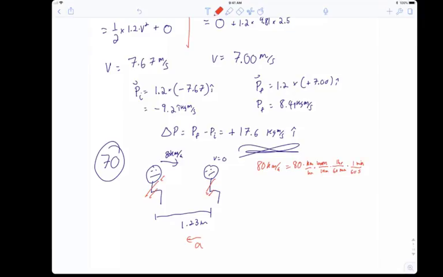Okay, do the multiplication. 1,000 divided by 60, 22.2 meters per second. So your initial momentum is 70 kilograms times 22.2.